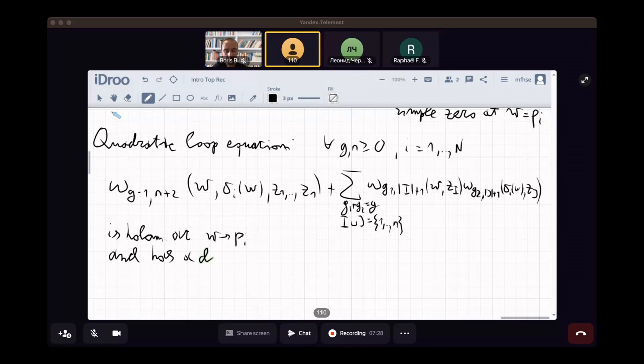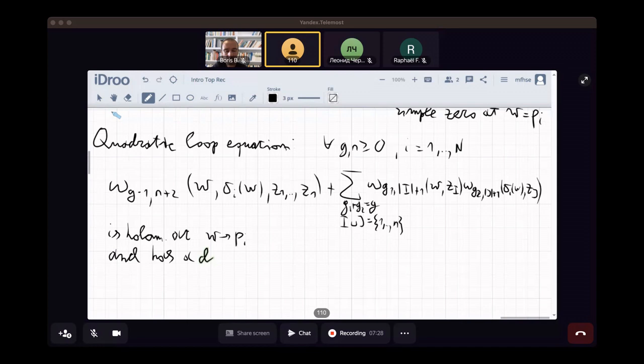So now again, let's talk a little bit about how it is related to the original formulation of topological recursion. There you have basically the same expression in the brackets, except for this prefactor, like I said. And also there we have a sum prime.